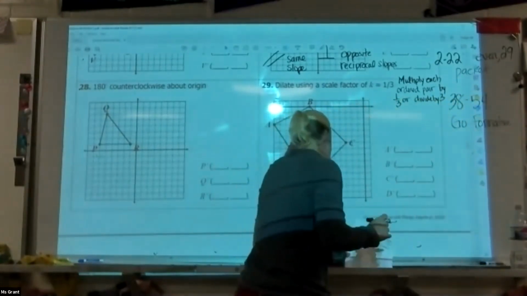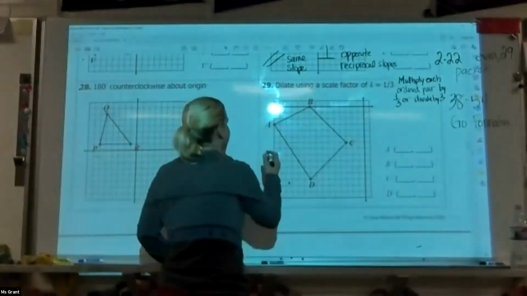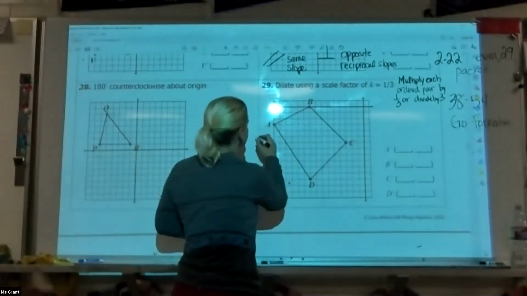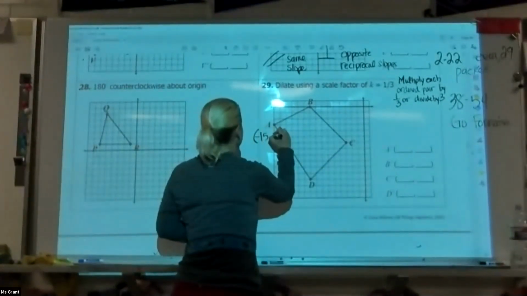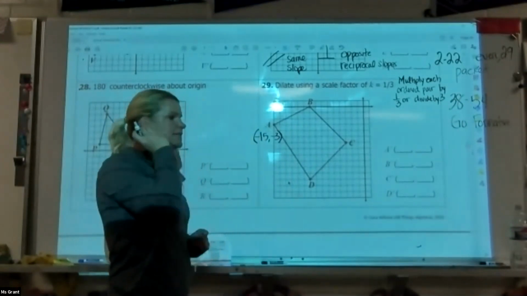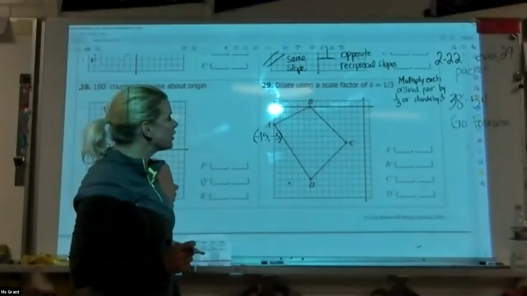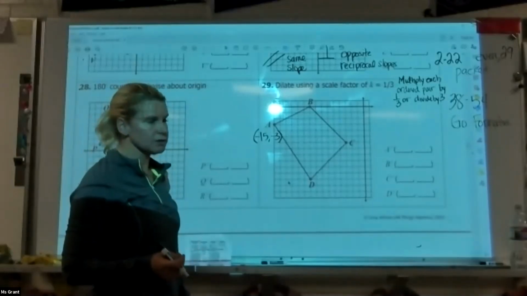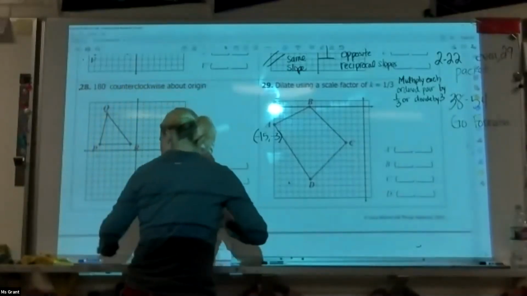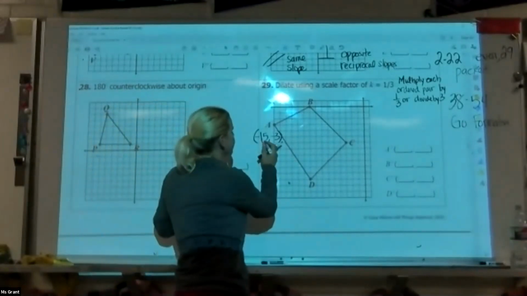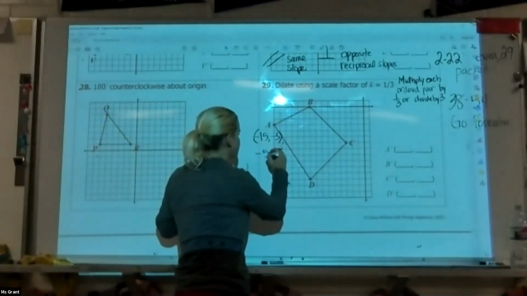A is -15, -3. Well, if I need to dilate this by a scale factor of 1/3, K means the scale factor, then I'm just gonna do, what's -15 divided by 3? -5.